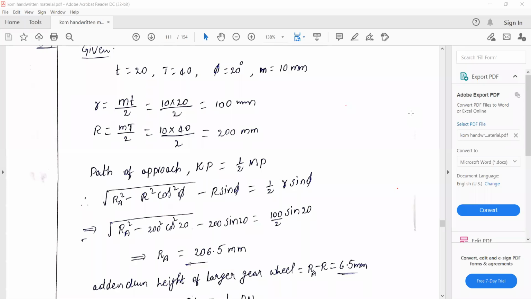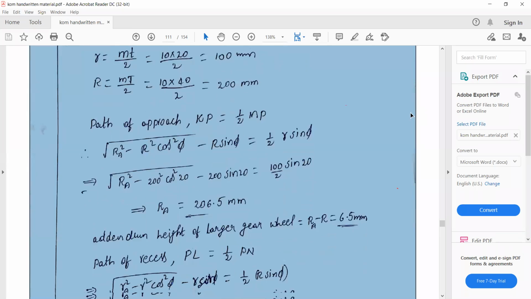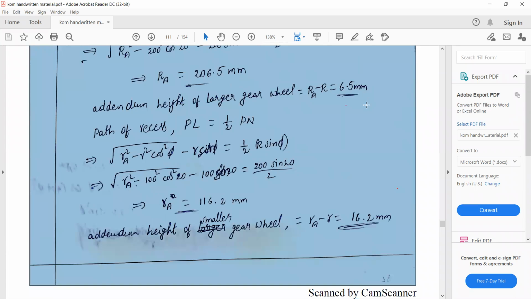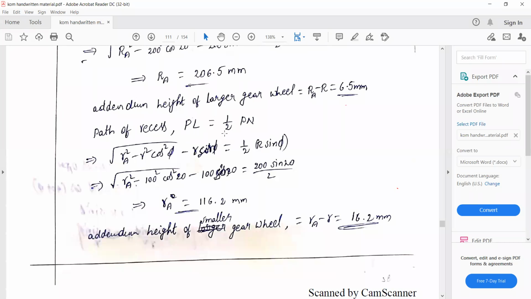Now let's see the next one. Similarly, to find the path of recess, PL equals half PL. Square root of small ra square minus r square cos square phi, minus r sin phi, equals half into capital R sin phi. Substituting the known values in our equation, we find small ra equals 116.2 mm.